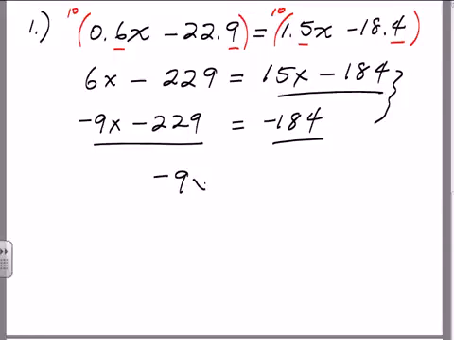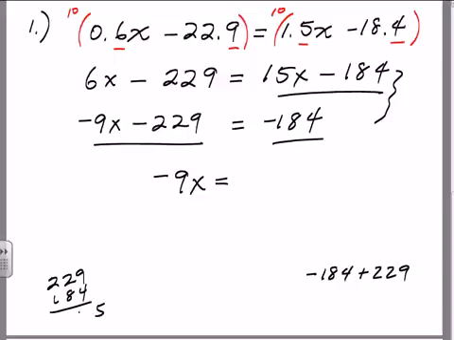We would get negative 9x equals, and I'm going to do this over on the side, negative 184 plus 229. Do you remember how we do that? We're adding two numbers that have different signs, so we find the difference. What is the difference between 229 and 184?